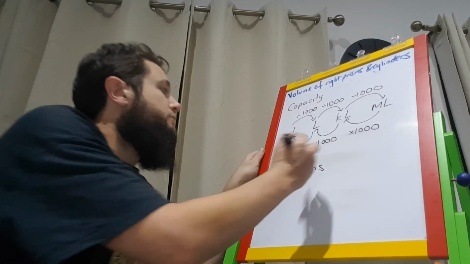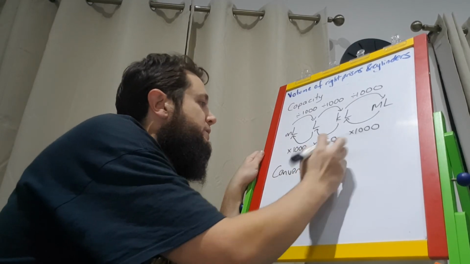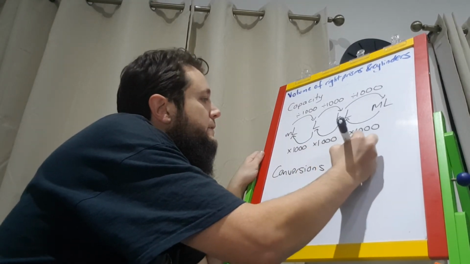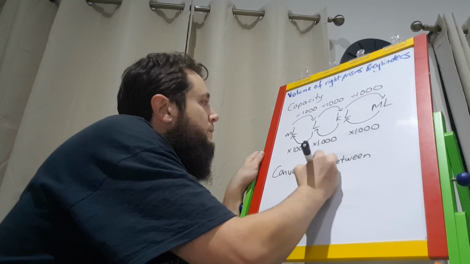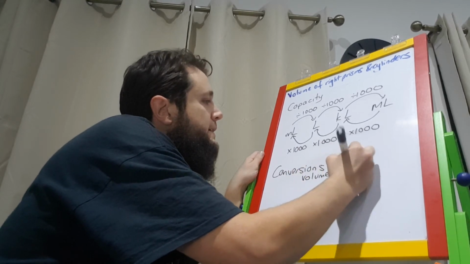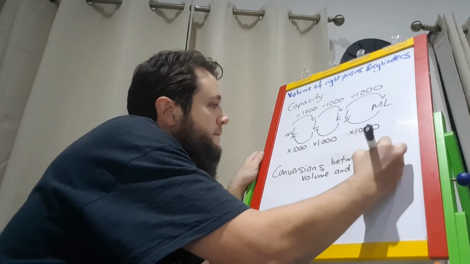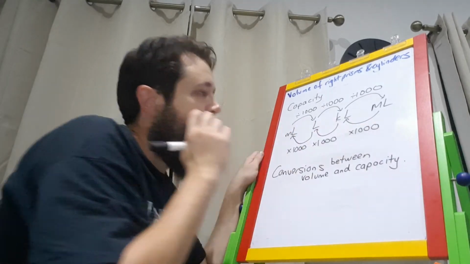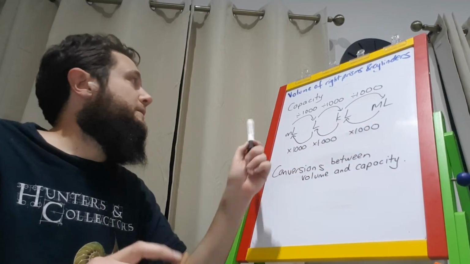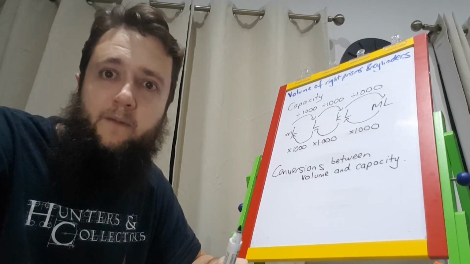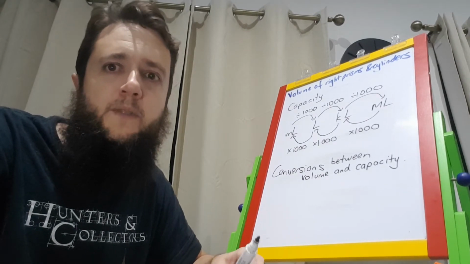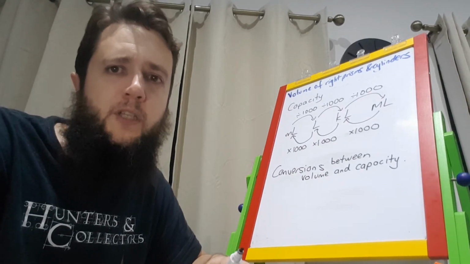The other thing you've got to do is be able to do conversions between volume and capacity. Remember how we had units of volume? We had millimeters cubed, centimeters cubed, meters cubed, and kilometers cubed.